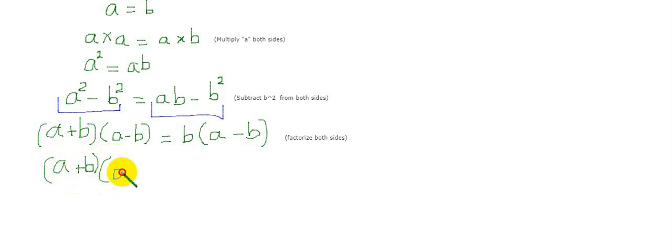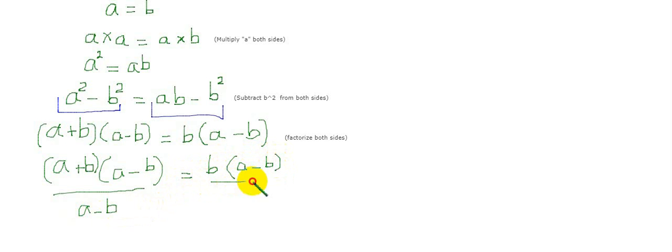So A plus B into A minus B, and then divided by A minus B, equals B into A minus B over A minus B.